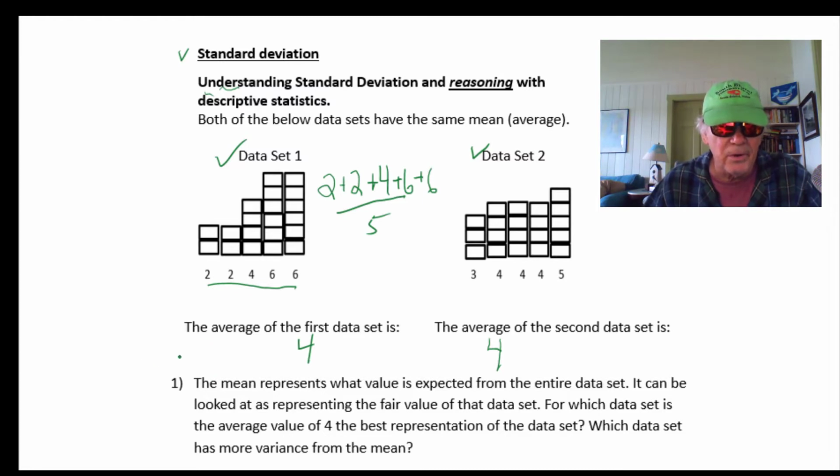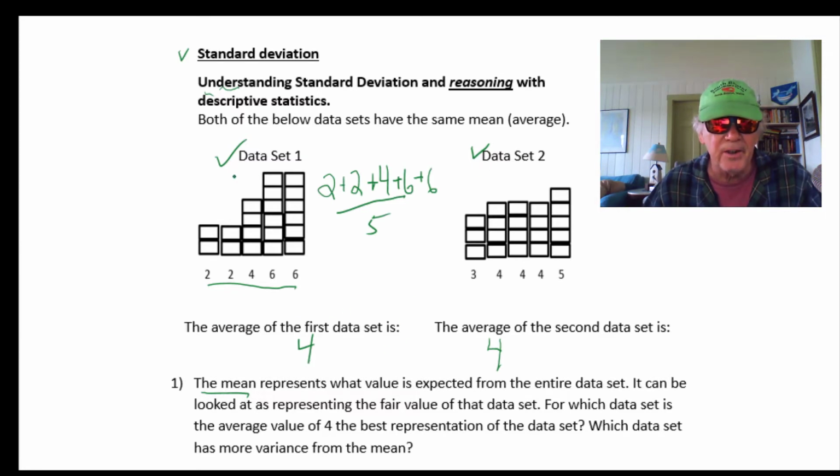So now let's look at the first question. The mean represents what value is expected from the entire data set. It can be looked at as representing the fair value of that data set. So 4 is the fair value of data set 1, and 4 is the fair value of data set 2.